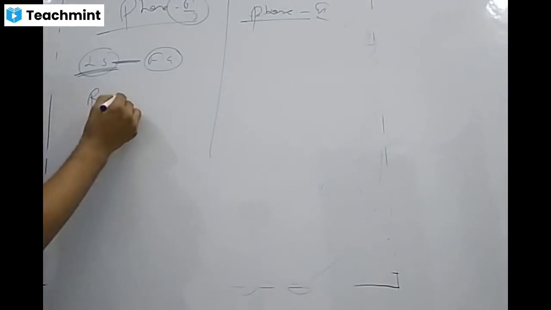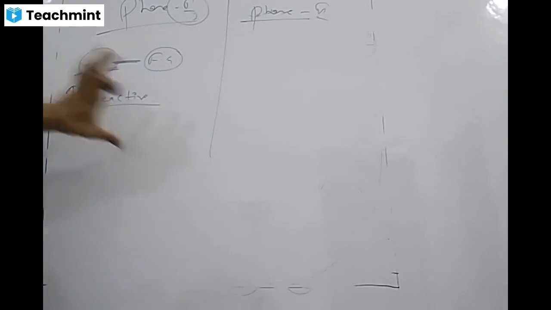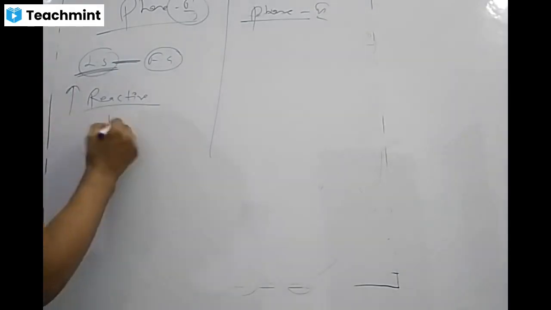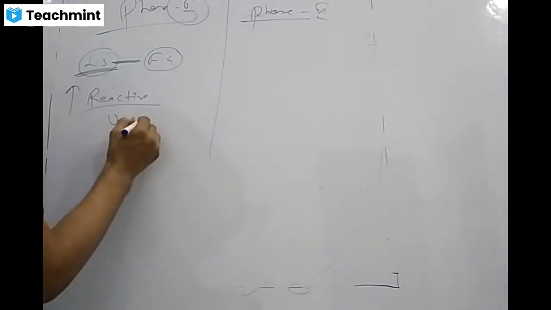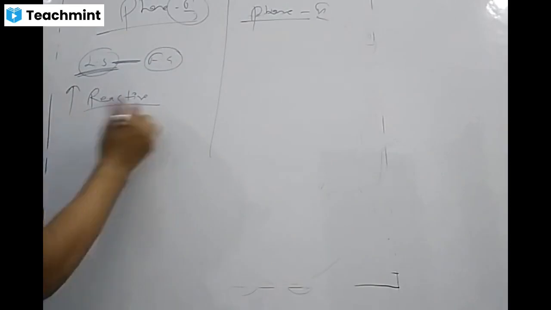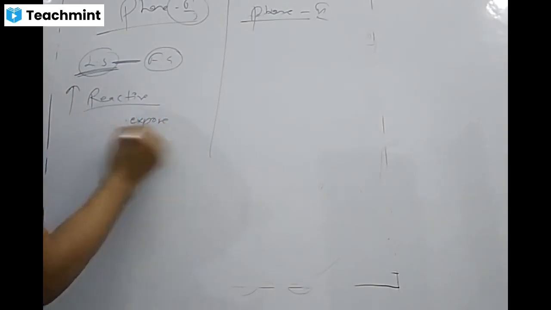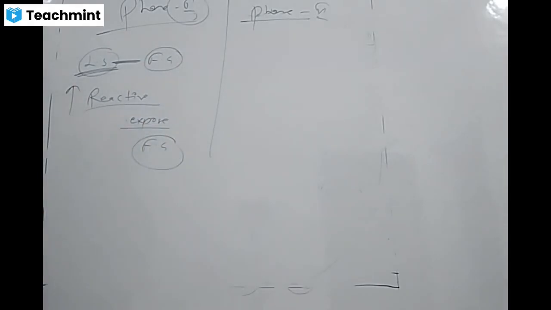We make it more reactive. So this is the main aim or main function of phase 1, where we add a functional group or we can expose the functional group which is already present in the molecule. So this phase 1 is also known as non-synthetic.